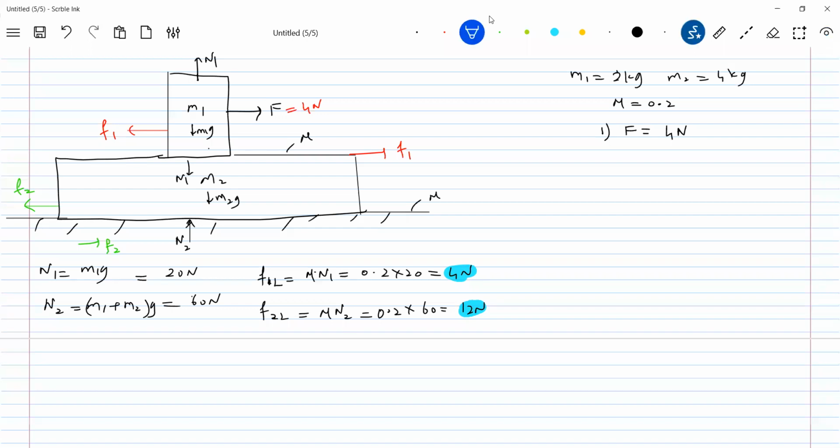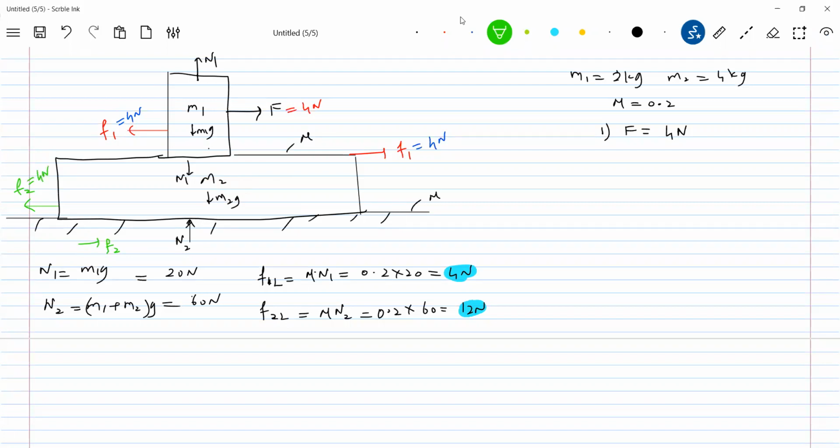Shall I assume 4 Newton? Then how much frictional force here? 4 Newton. Can this 4 Newton overcome F2L? Because for the block M2 to shift, what is the force needed? 12 Newton. But how much force is acting? 4 Newton. So can this F1 make the block M2 shift? The answer is no. So what will be the value of F2? F2 will adjust itself to 4 Newton.